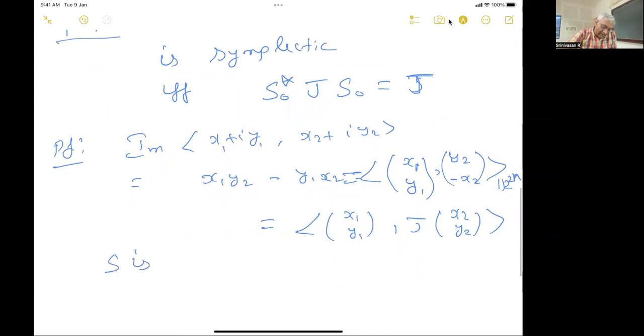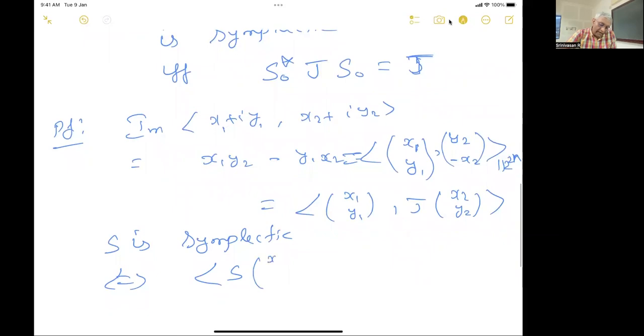S is symplectic, which means the imaginary part is preserved. That is equivalent to saying what? You want to preserve the inner product. So S naught x1 y1 with J S naught of x2 y2.